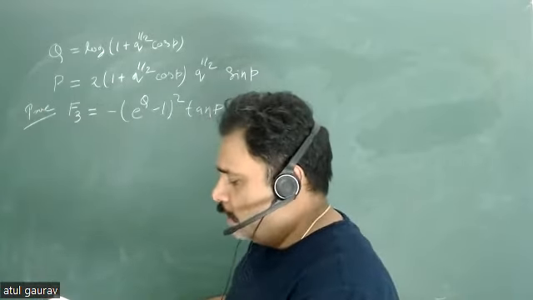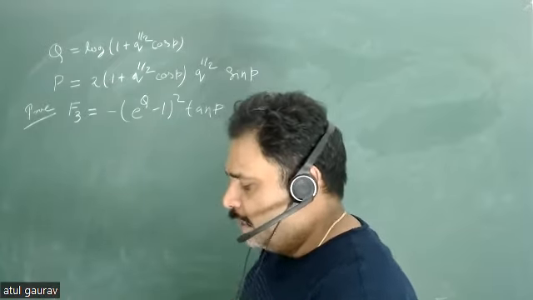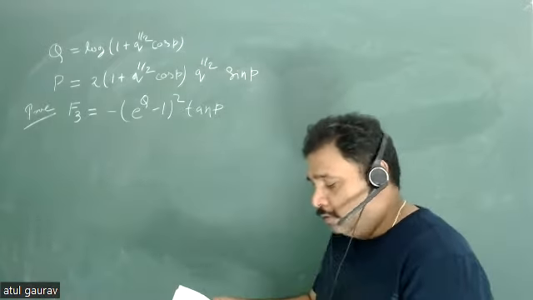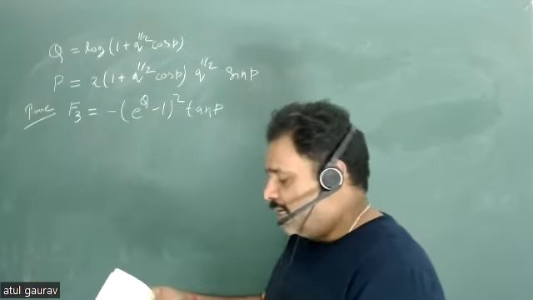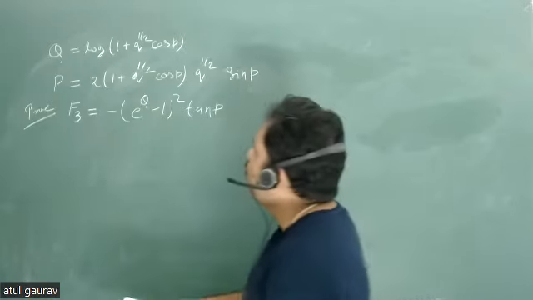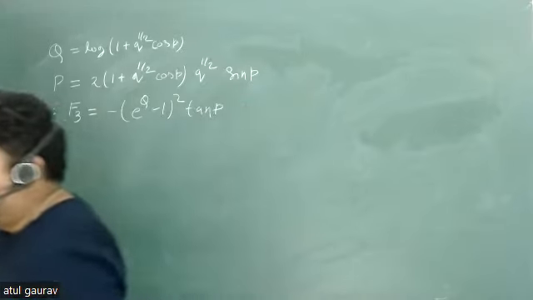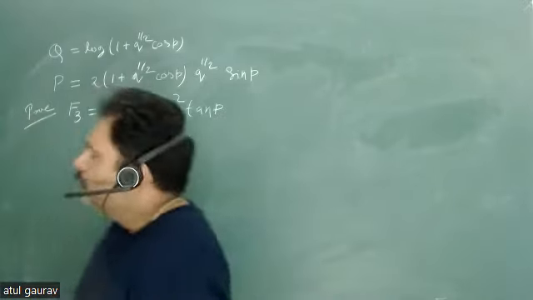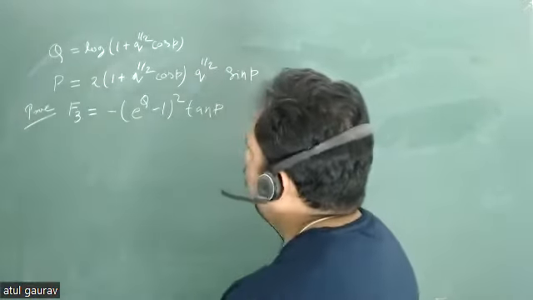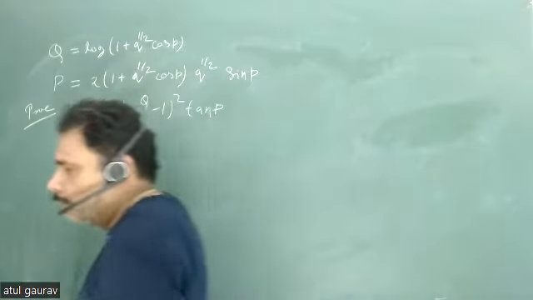Capital Q is equal to log 1 plus q to the power half cos p, and capital P is equal to 2 into 1 plus q to the power half cos p times q to the power half sin p. Is that correct? Written on the board? Okay. Yes, sir. So let's start doing this particular problem.